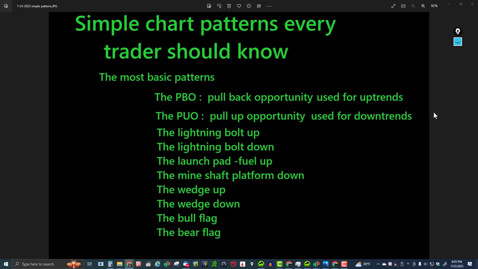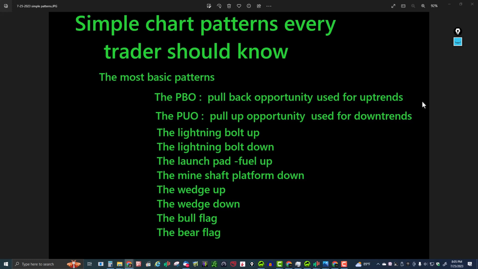The second one is the pull-up opportunity, and that's used for downtrends, because stocks typically move in a lightning bolt fashion. They move up and pull back, then move way up and pull back, then move way up again and pull back.